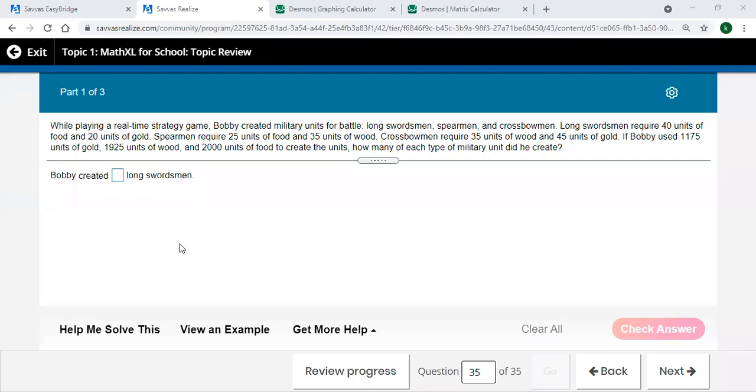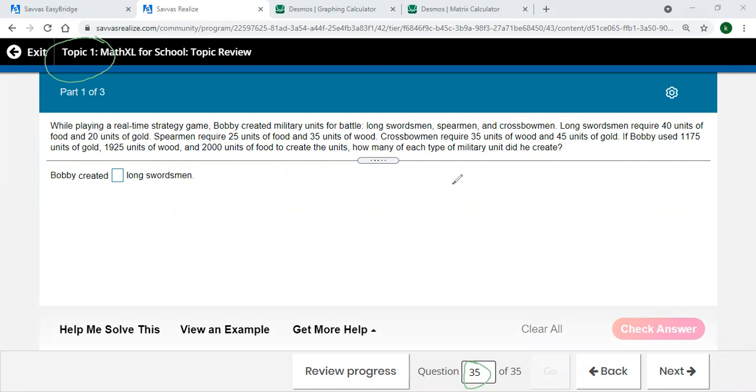All right, last problem on this topic review from Algebra 2, Topic 1. That was the number I've been looking for. I'm just going to make a chart here to keep track of all of this.